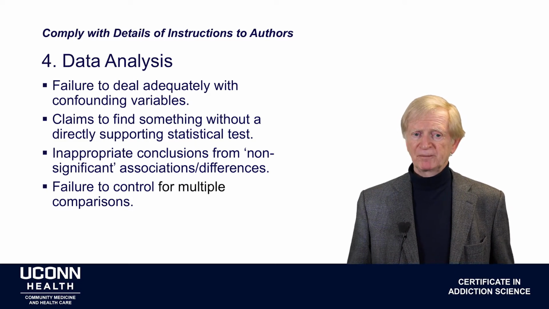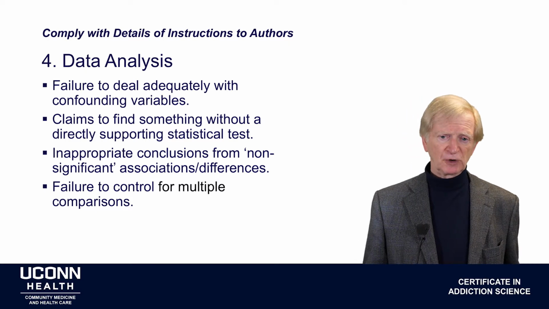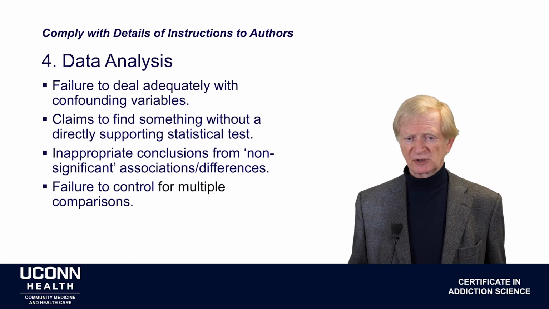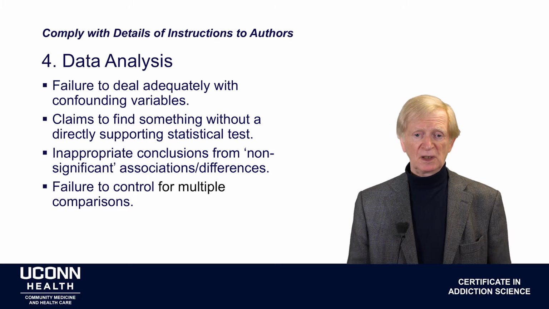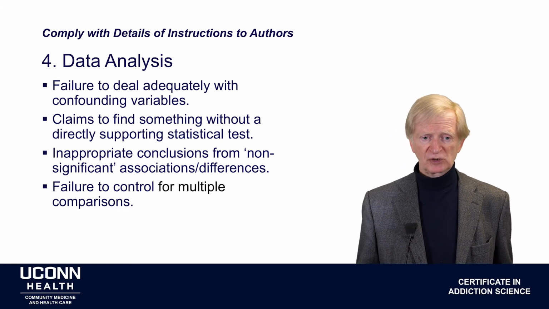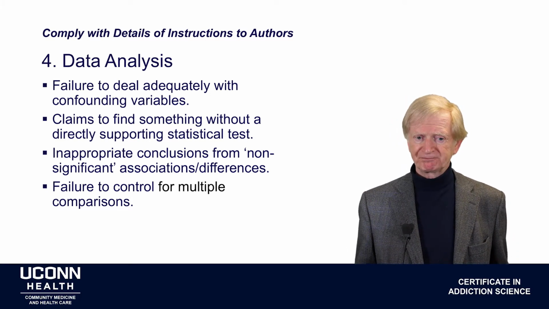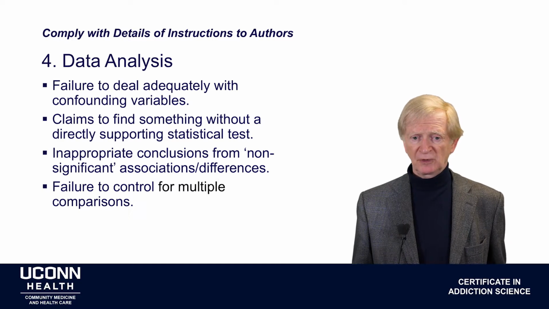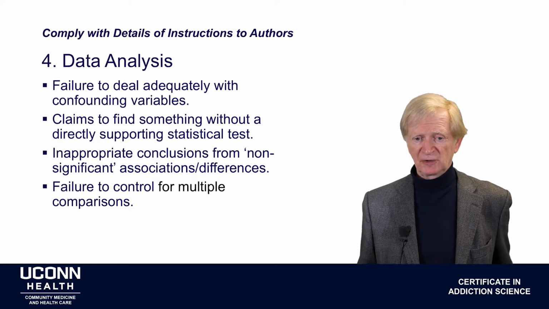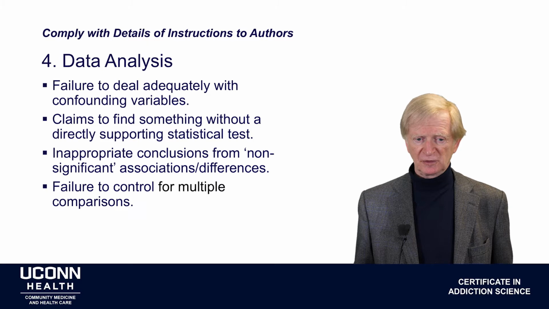One way or the other, you need to deal with it both in your analyses, in your results section, and in the interpretation of your findings. Also, you need to be careful about citing non-significant associations and differences.